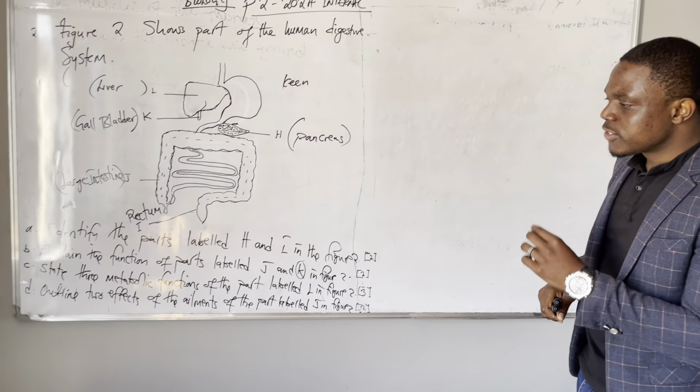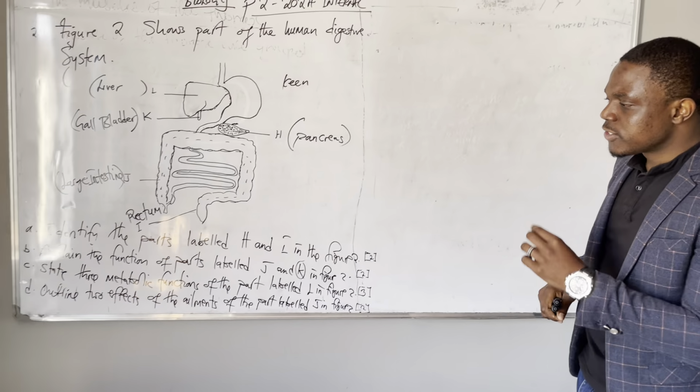If you look at D, outline 2 effects of the elements of the part labeled J in the figure. What are some of the effects when certain conditions affect the part labeled J? Part labeled J is the large intestine.